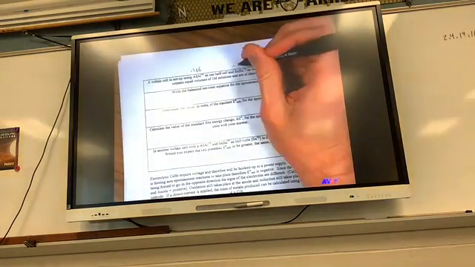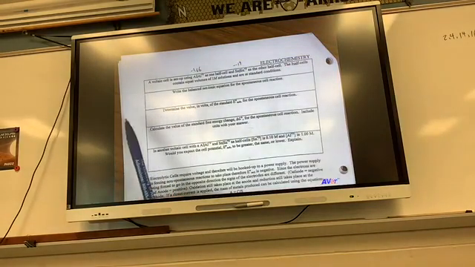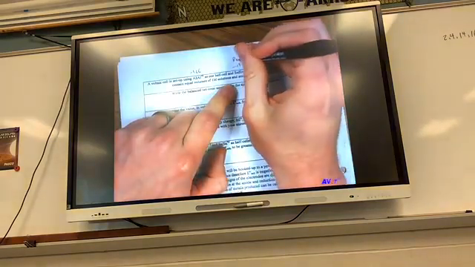So which one is more positive? It's the Sn, so this one is being reduced. That's my red cat.